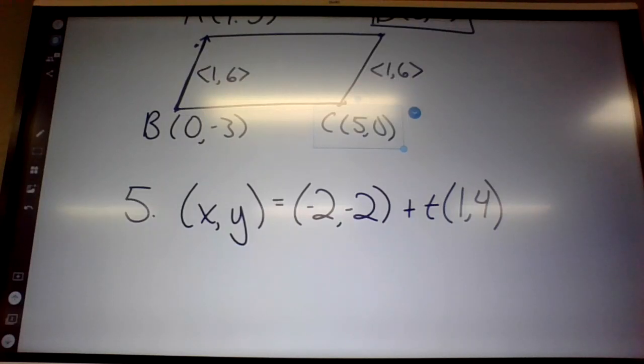Find the velocity and speed of the object.